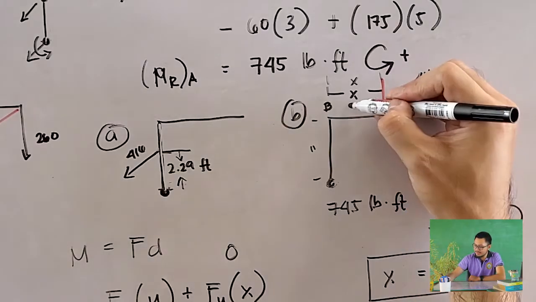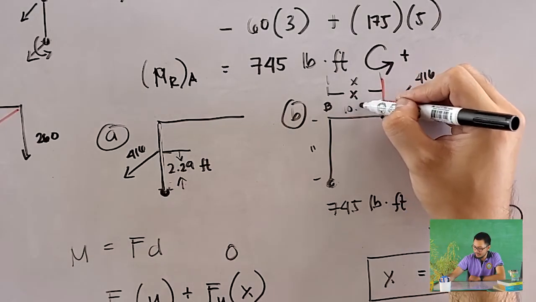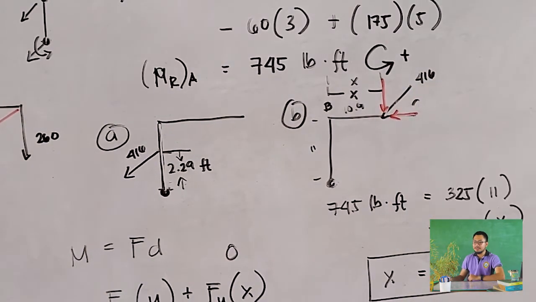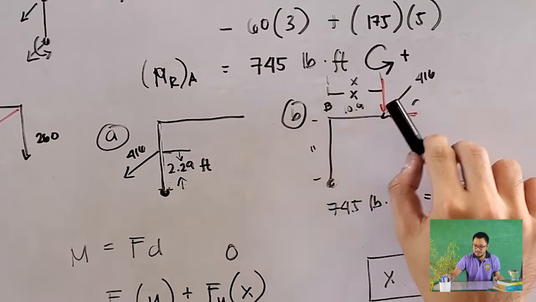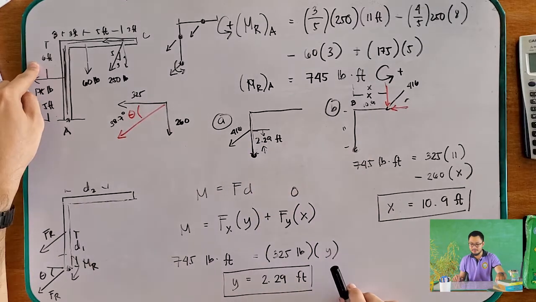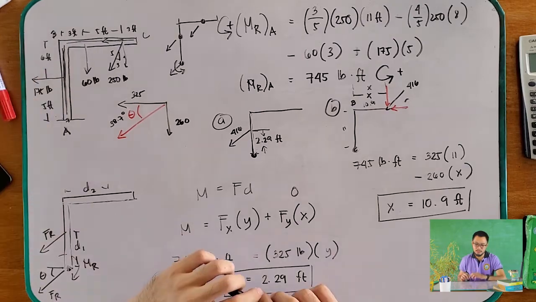So therefore, this value here is 10.9. This one and this one create the same effect.